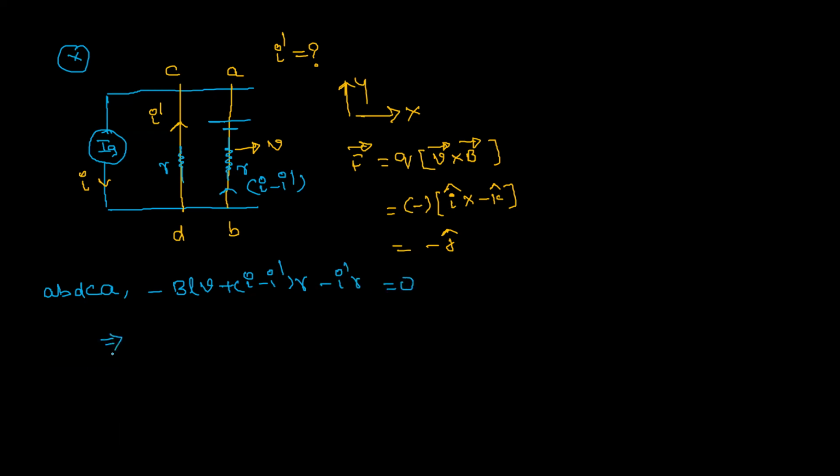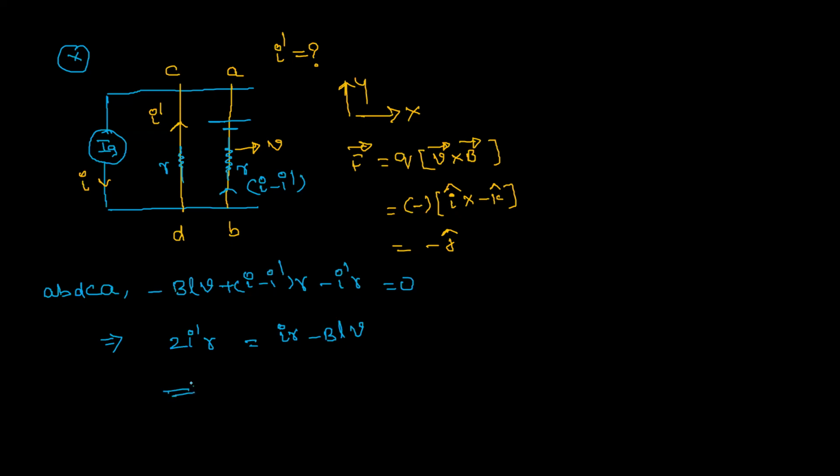So we have just applied Kirchhoff's second law. Now we have to calculate I dash. Minus I dash R minus I dash R is 2 I dash R, that is equal to, taking the remaining terms, IR minus BLV.